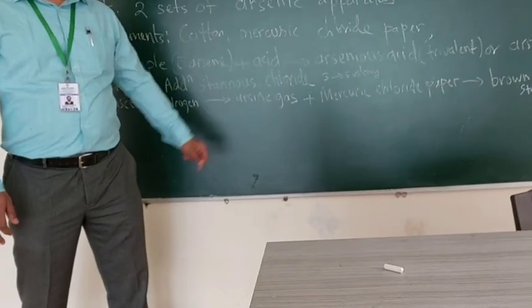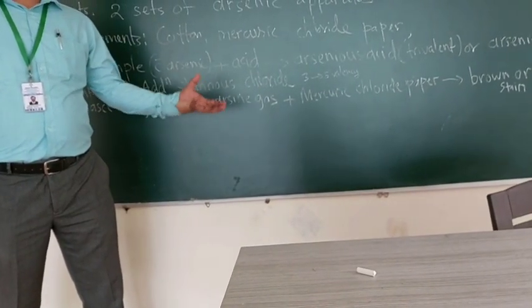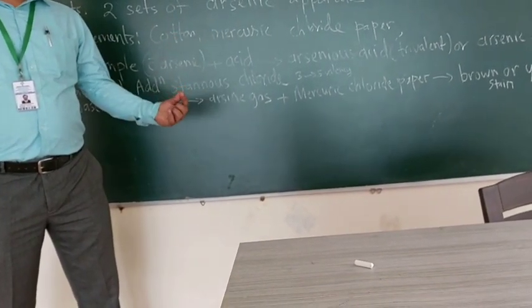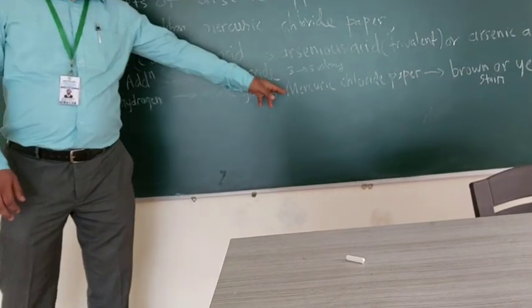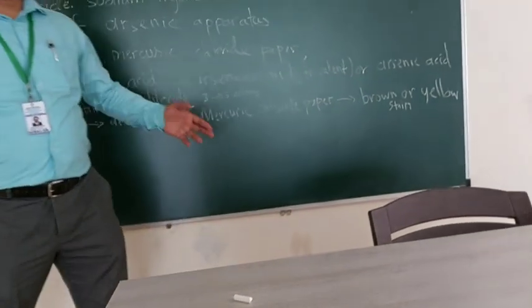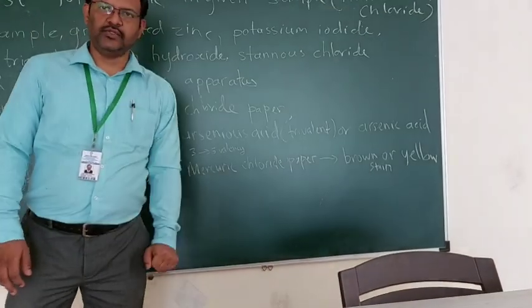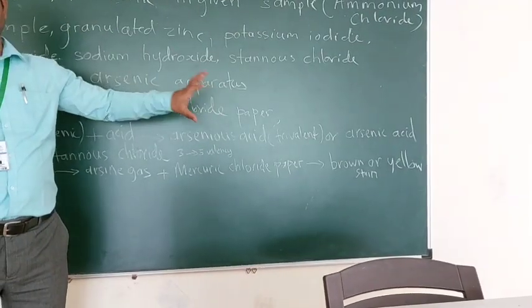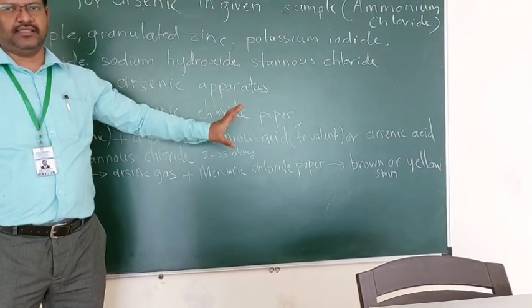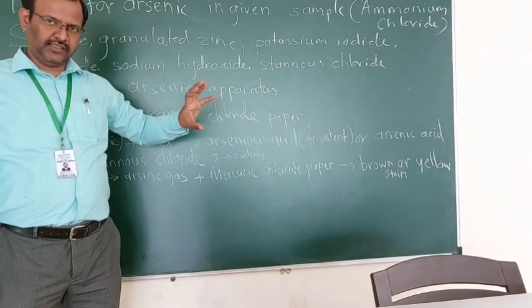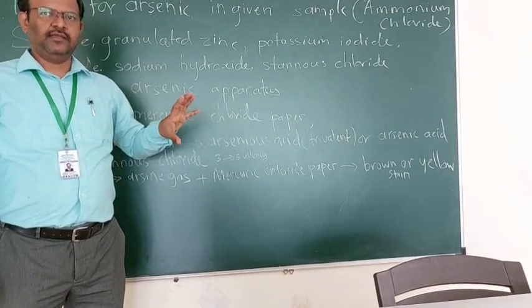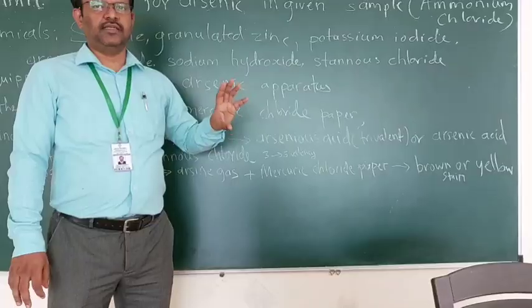This arsine gas passes through the apparatus from the tube into the mercury chloride paper, and this mercury chloride, due to the reaction, converts into a brown or yellow stain. The intensity of sample and standard is checked, and if the intensity of the sample is less, then we say that the test is passed.